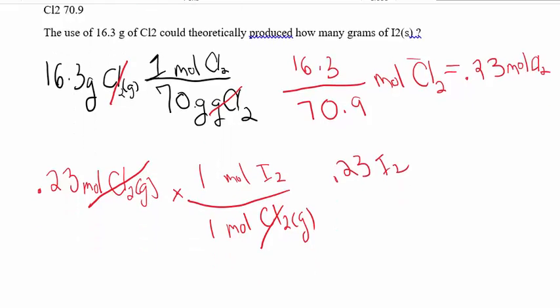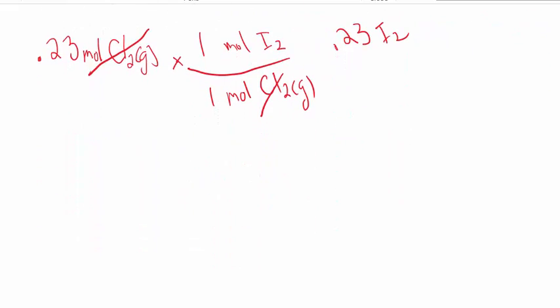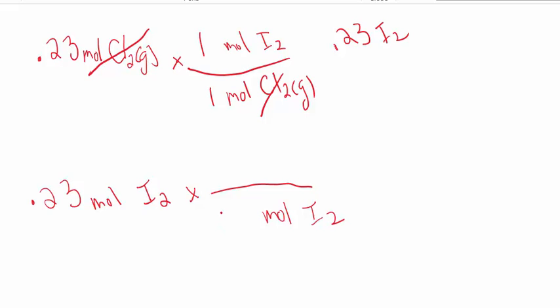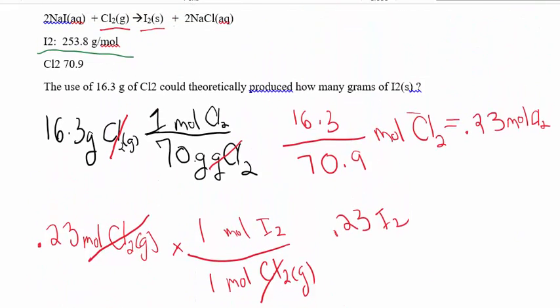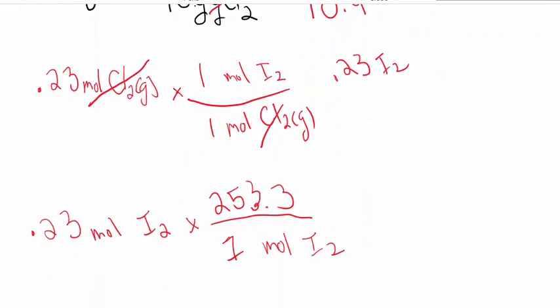And now we just use our relationship. So we take 0.23 moles of I2, and we multiply it by the grams over moles, right? Because we want to get rid of the moles. And we know that 1 mole is equal to 253.3, which I will have to double check. Sorry for that sloppy 3, but I just want to, 253.8.